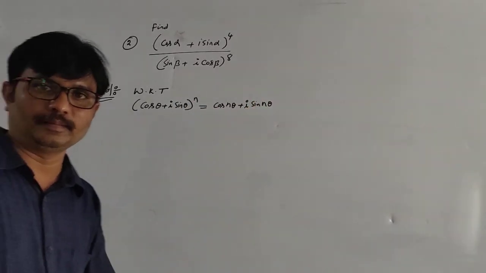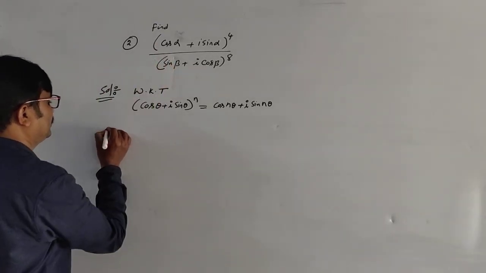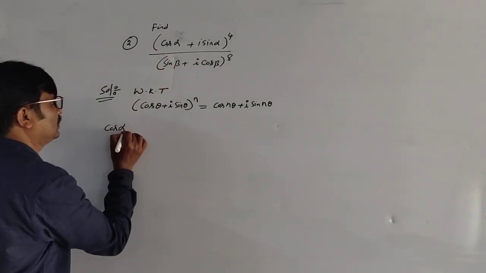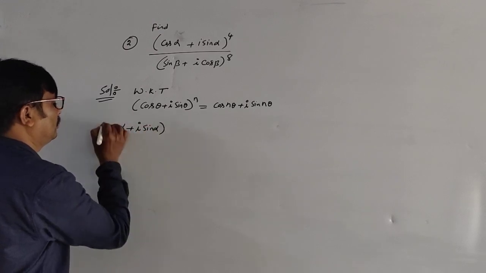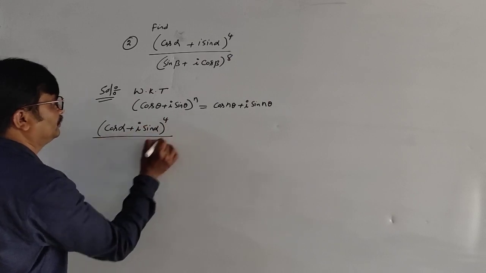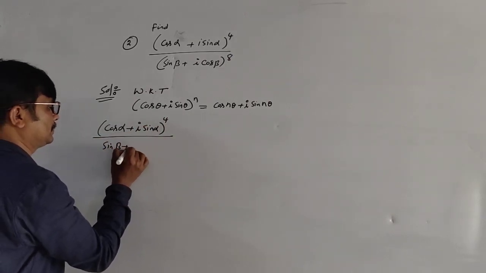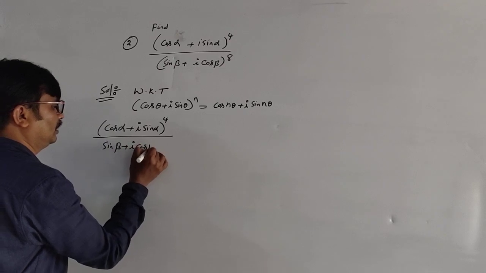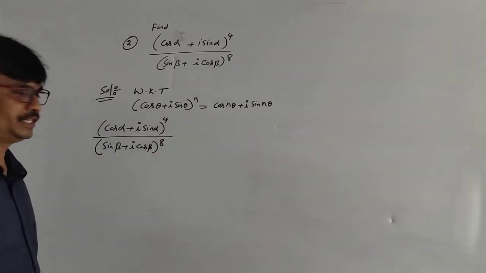So here this is cos alpha plus I sin alpha whole power 4 upon sin of beta plus I cos beta whole power 8.